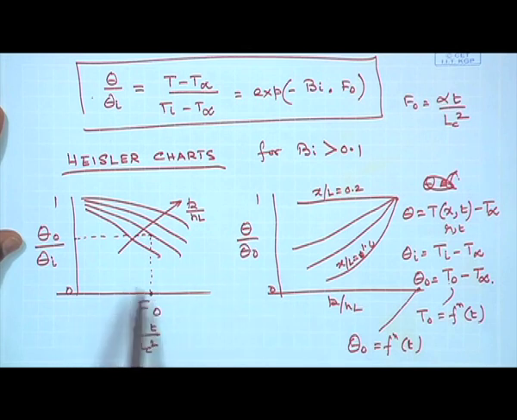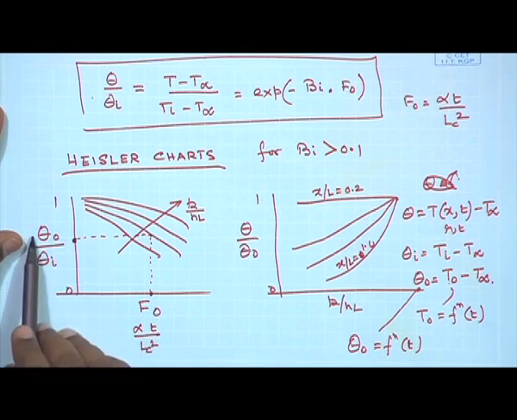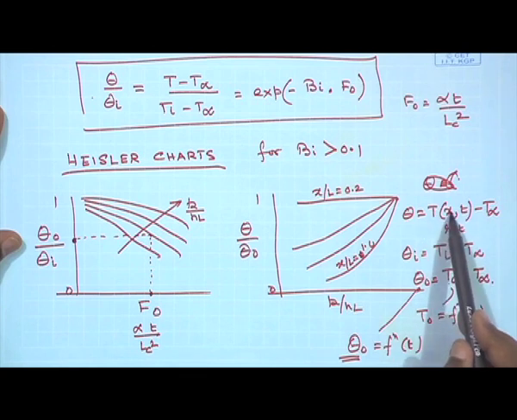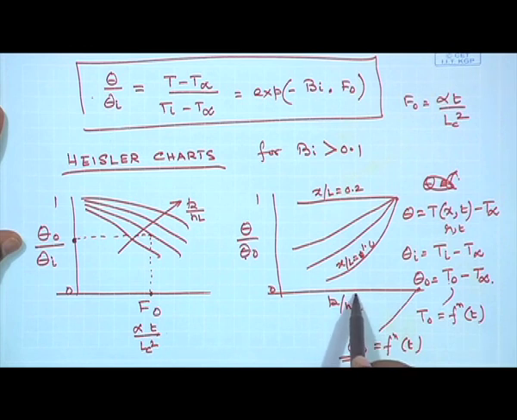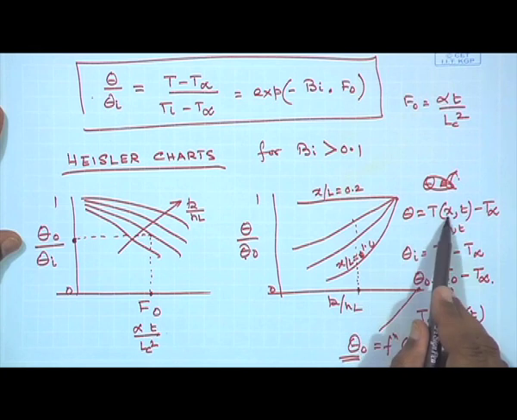So this first curve gives me the temperature of the center line of the object as a function of time. Once I find out what is theta 0 at a given time, then I come to this second curve. The second curve gives me theta, which is temperature at any location, divided by the temperature of the center line, as a function of k by hL. Since k by hL is known to me, I evaluate that value and go to the point corresponding to the x that I desire.